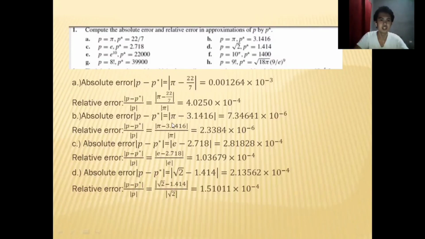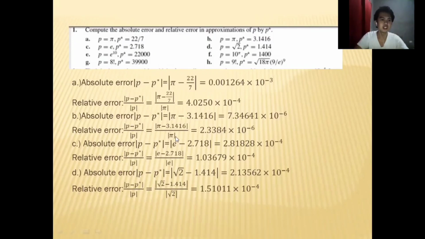So, absolute value of pi minus 3.1416, using calculator, we get 7.34641 times 10 raised to negative 6. In relative error, absolute value of pi minus 3.1416 over absolute value of pi equals 2.3384 times 10 raised to negative 6.